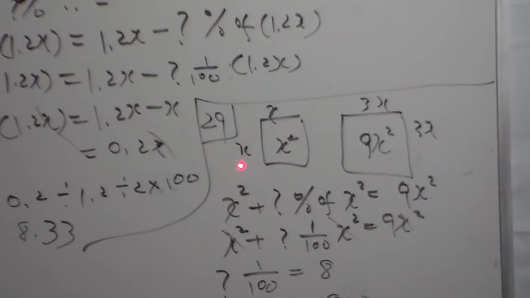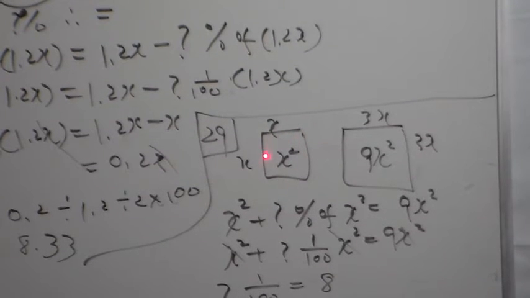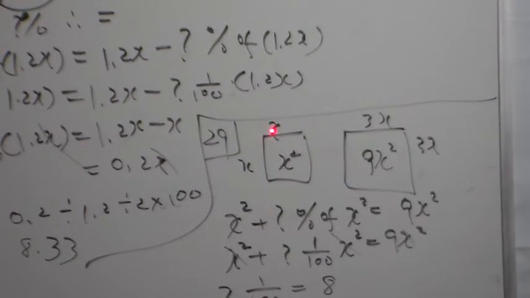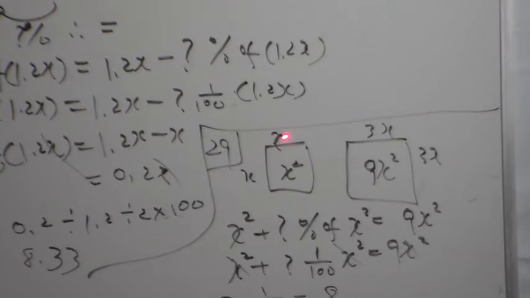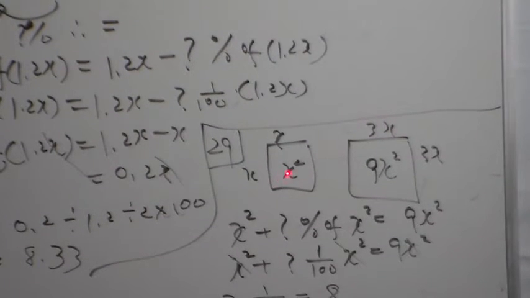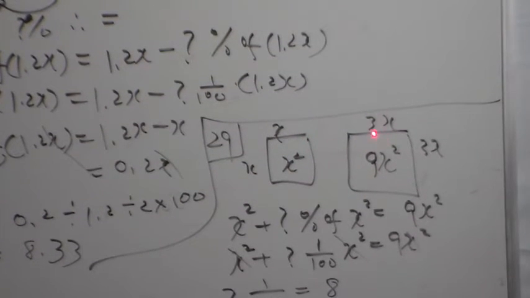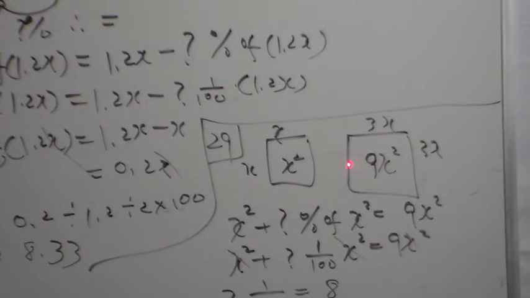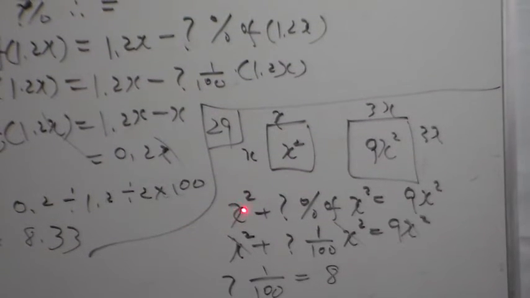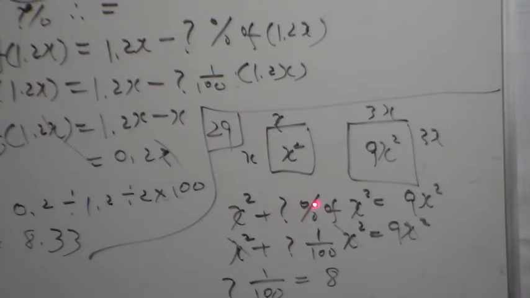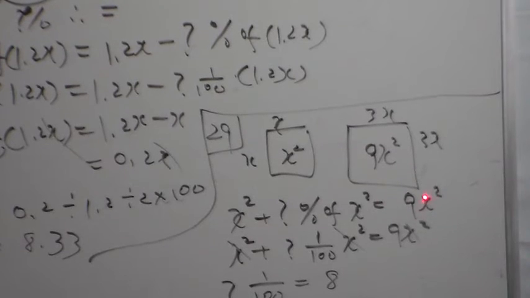Number 29. Wendy actually drew a square with side x. Then she erased it and made each side 3 times longer. So this side is x, and this is 3x. This area is x squared, and this is 9x squared. Then the question is, what percent increase? So x squared plus what percent of the original x squared becomes 9x squared, right?